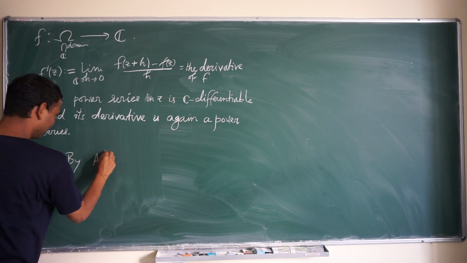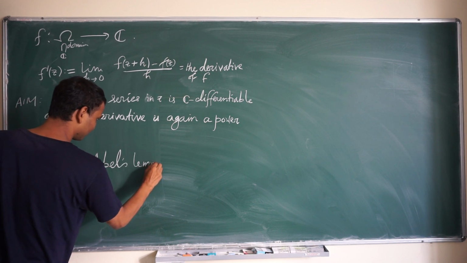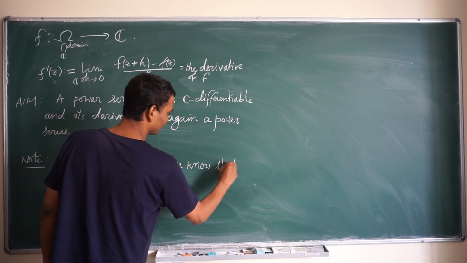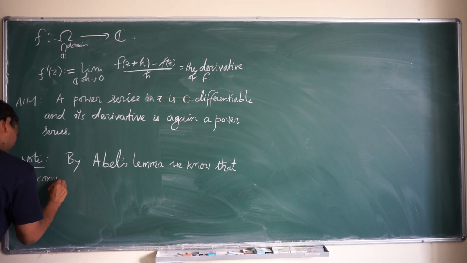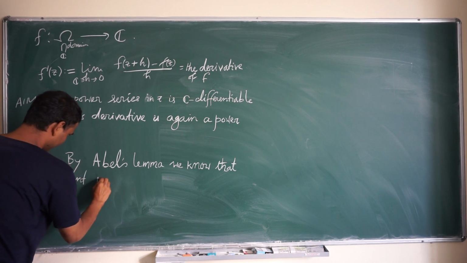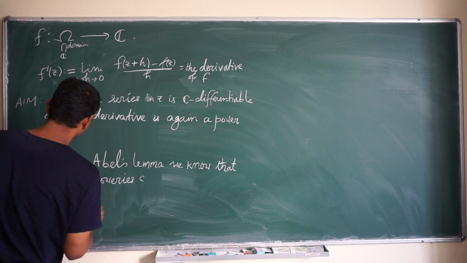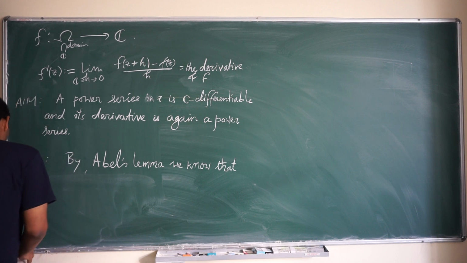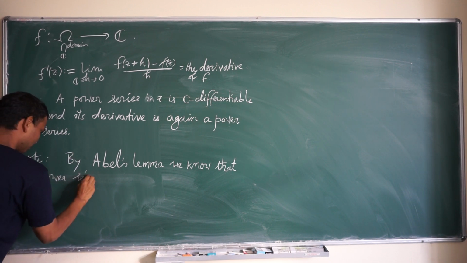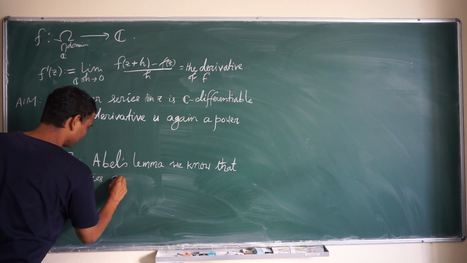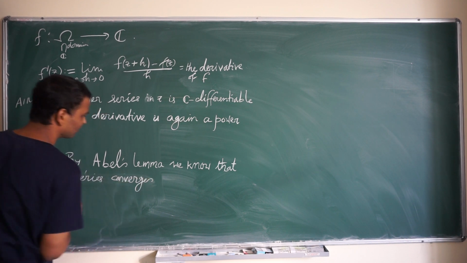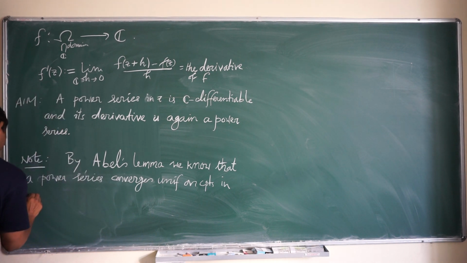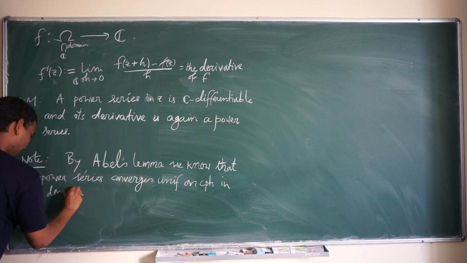A power series, so note by Abel's lemma we know that a convergent power series converges uniformly on compacts in its domain of convergence.